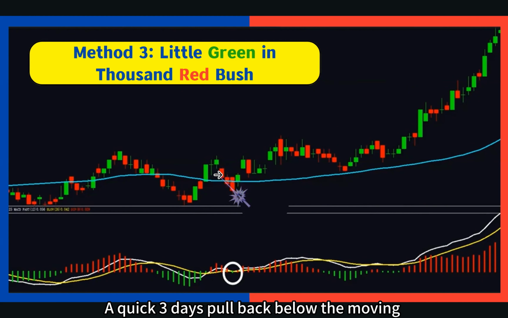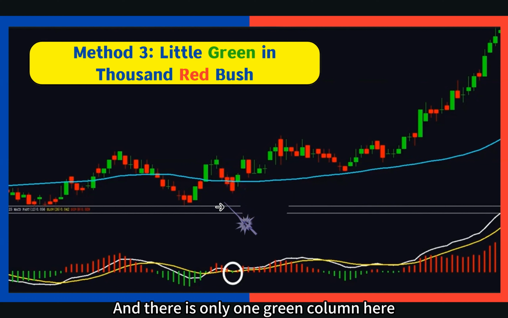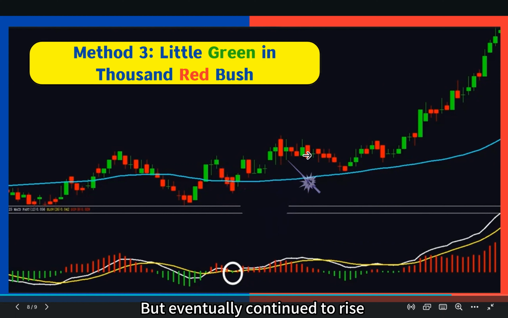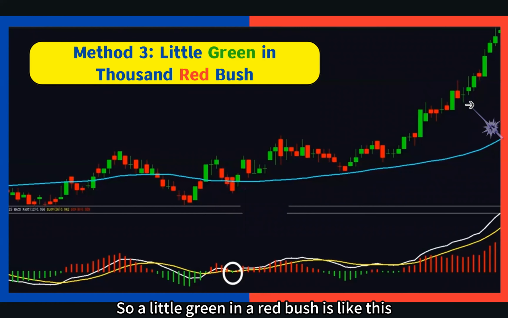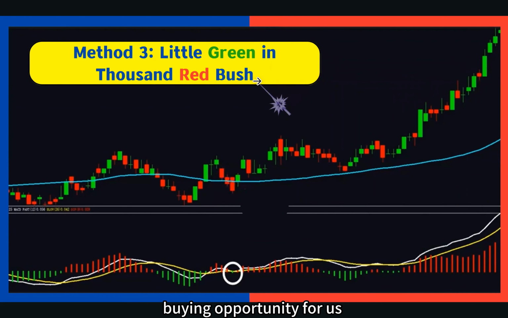A quick 3 days pullback below the moving average, immediately there was a gold cross and there is only one green column here, followed by red columns. Then although there is a pullback in the middle, it eventually continues to rise. So a little green in a red bush is like this. It's difficult to appear, often an excellent buying opportunity for us. I hope everyone pays more attention to such cases in actual trading.